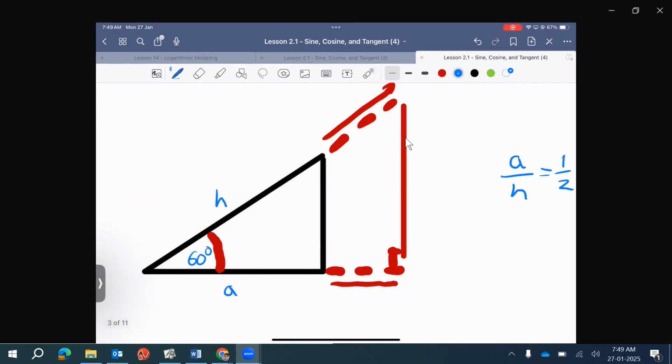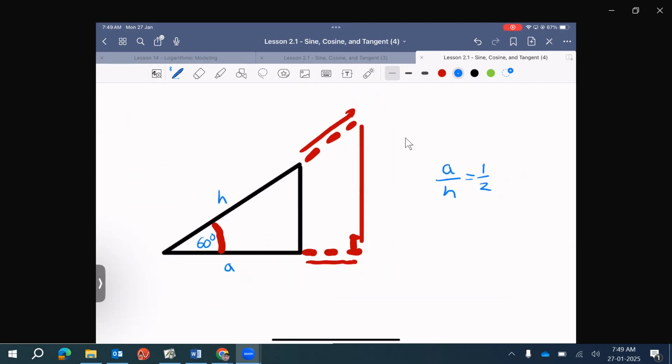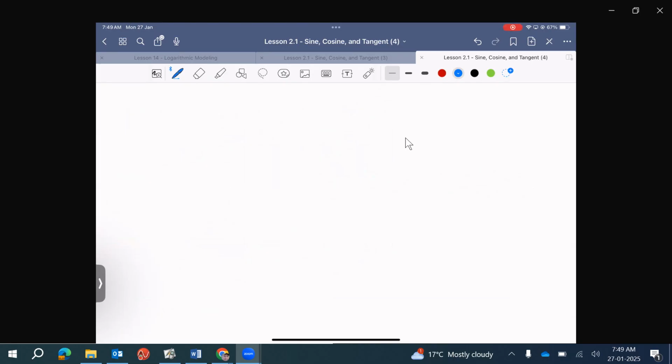Now, if I just zoom in a little bit here, if I do another triangle, and I make the angle much bigger, it's a bit too big, isn't it? If I make the angle much bigger, like this.